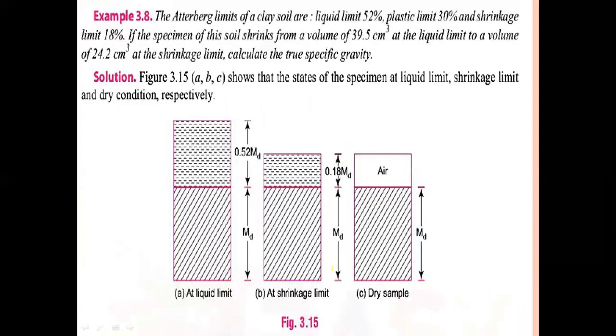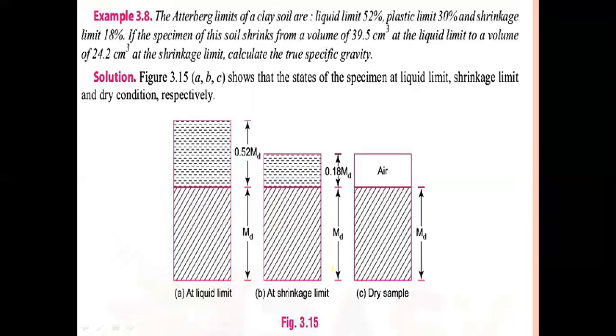Then we find the shrinkage limit W equals e by G. Substituting, 0.565 divided by 2.69 equals 0.21. Multiplying by 100, that is 21 percentage. Then next we go to the next problem.